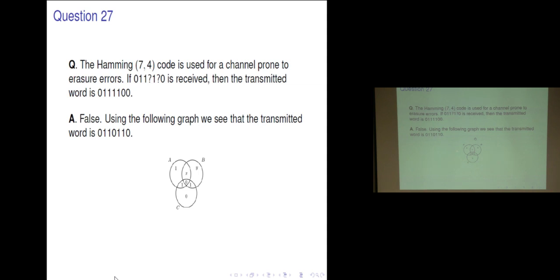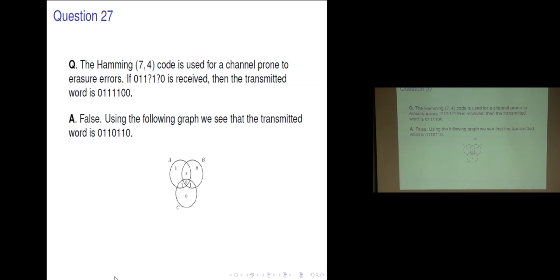Okay, so the Hamming code, it's easier to draw the circles. You can solve congruence equations, but that's not very intuitive. So the easiest way is to draw circles like this, and fill in the 7 bits in this way. The first bit, second bit, third bit, fourth bit, fifth, sixth, seventh. So you fill in the bits according to the rule.